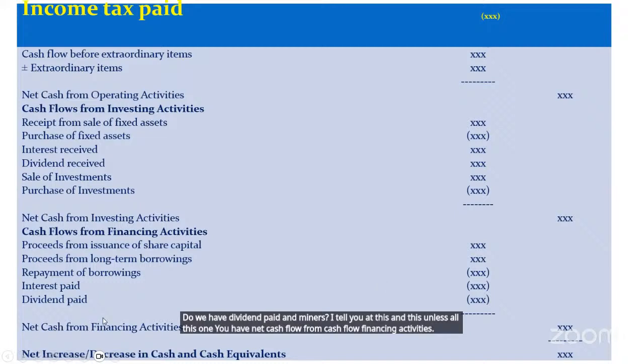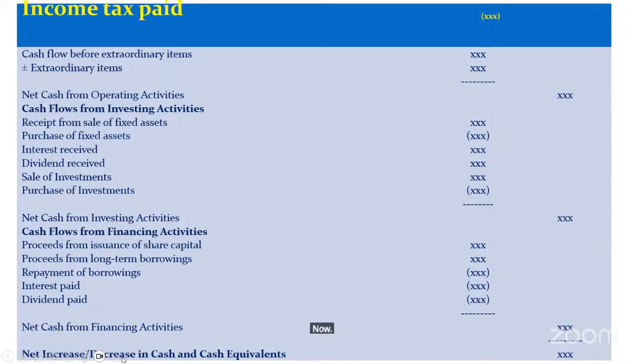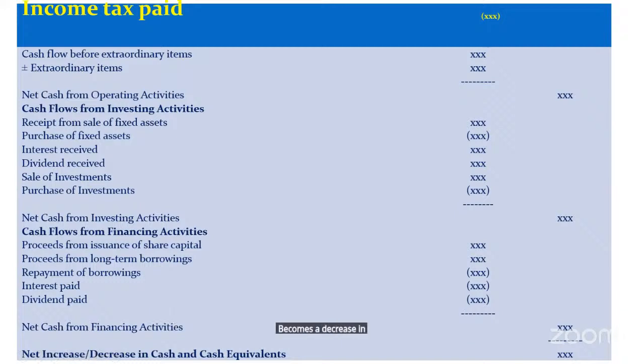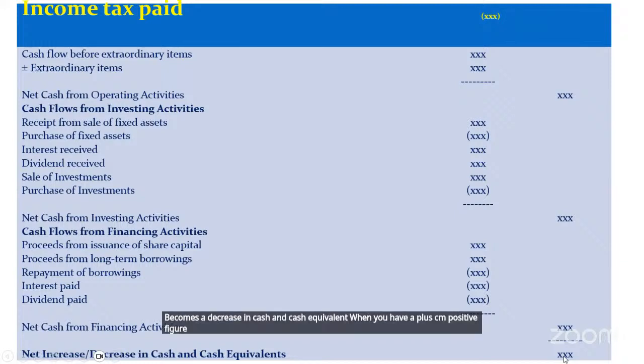Now, net increase or decrease in cash flow. By the time you add these three, some of them will be minus. We have maybe minus, plus, minus, minus. When you have the last figure here as a minus, it becomes a decrease in cash and cash equivalent. When you have a plus here, a positive figure, it means a net increase in cash and cash equivalent.